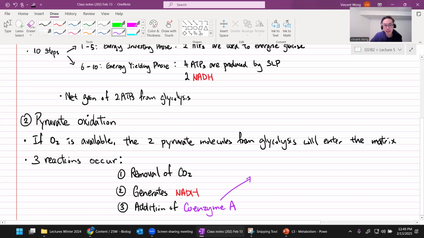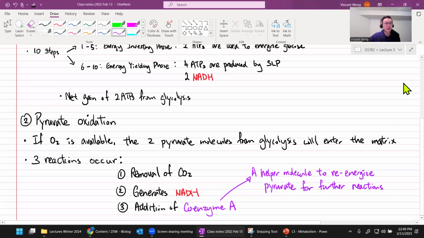Well, coenzyme A, just think of it as a helper molecule to re-energize pyruvate for further reactions.